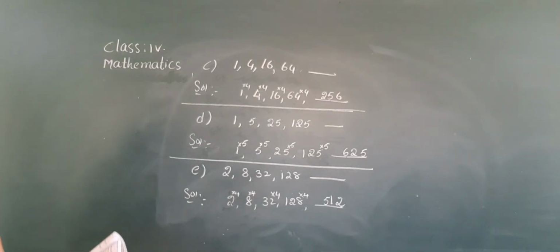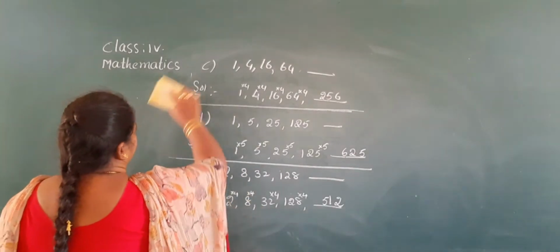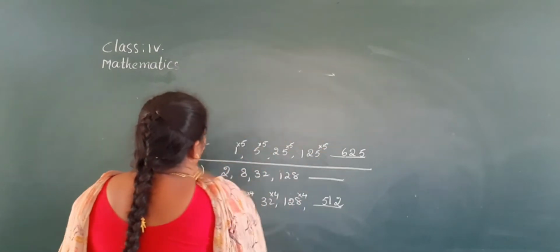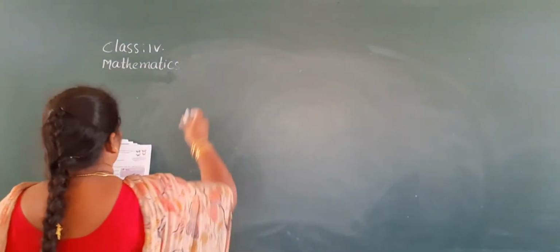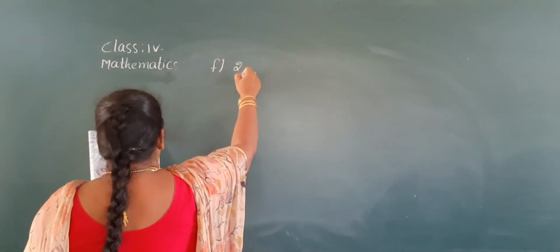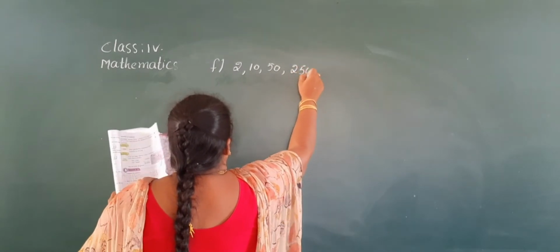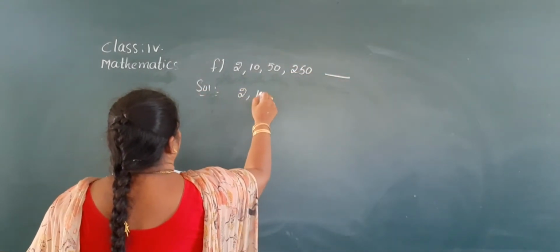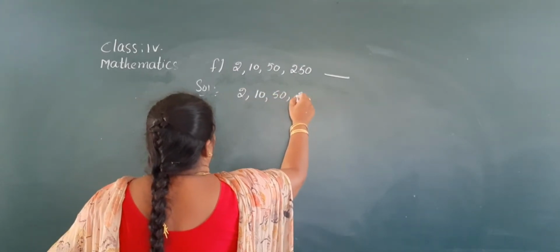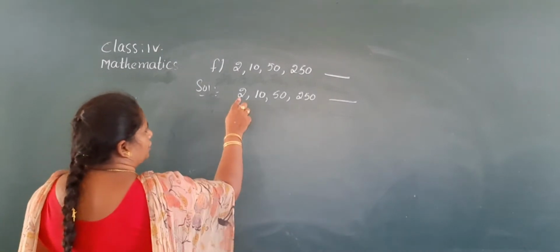Next, F problem. F problem: 2, 10, 50, 250, dash. So first you note down the numbers. Now you have to observe to which number you have to multiply to get the next number. 2, 10.